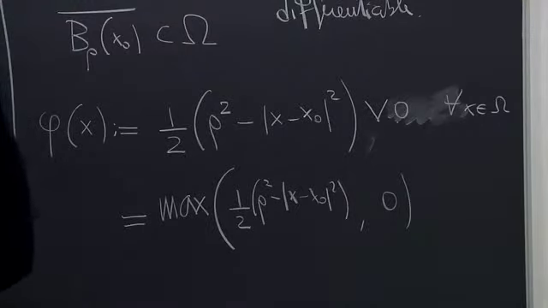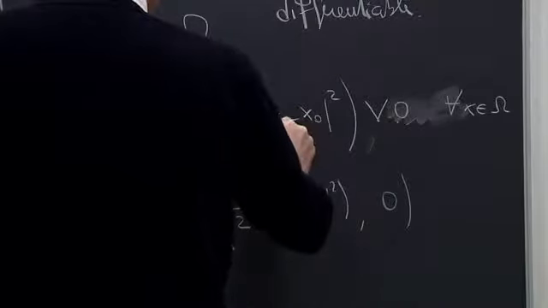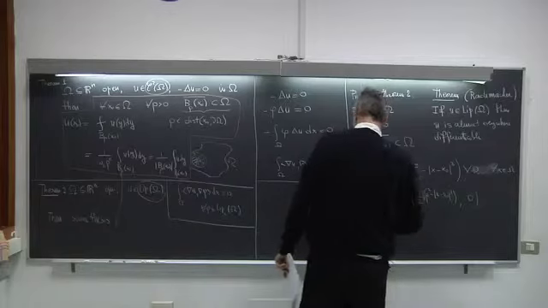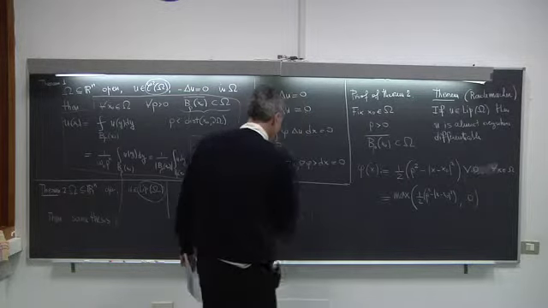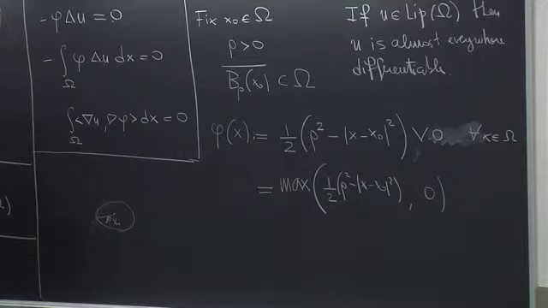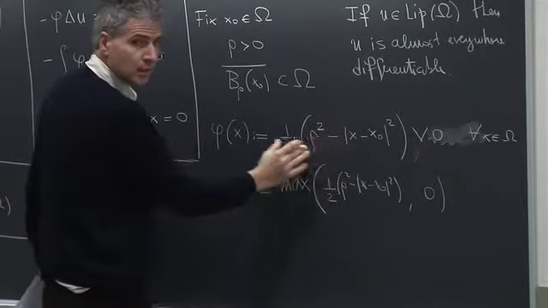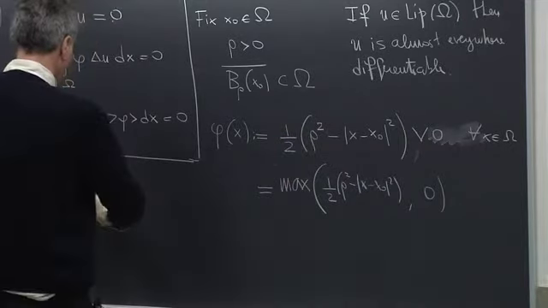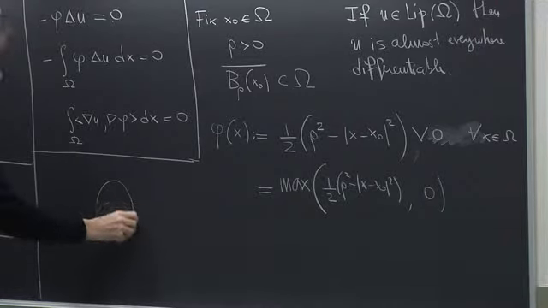So if I have x naught here, then this is positive till the distance rho. So I take the ball of radius rho centered at x naught. When this is less than rho, then this is positive, and then it becomes negative.